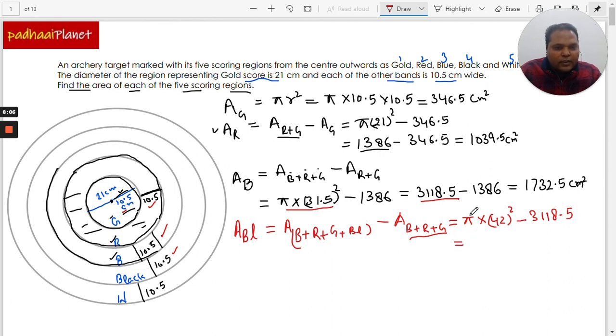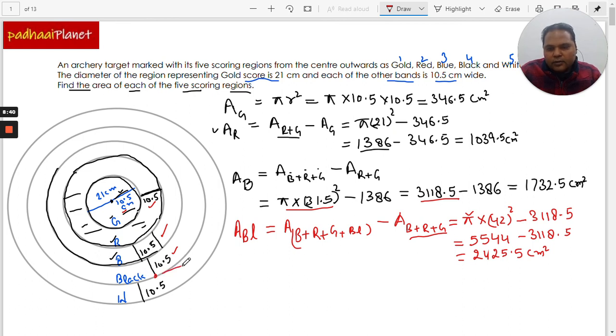Now when we put the value of pi here, we will further get it. The answer is going to be 5544 minus 3118.5, that's already there, and we subtract it. So finally we get 2425.5 square centimeter, right?